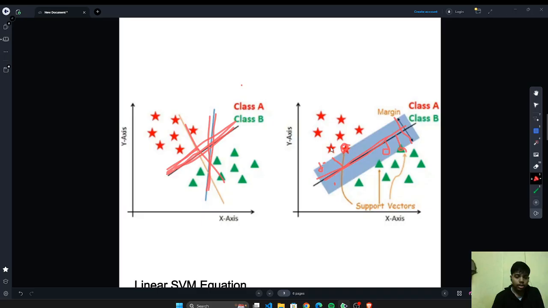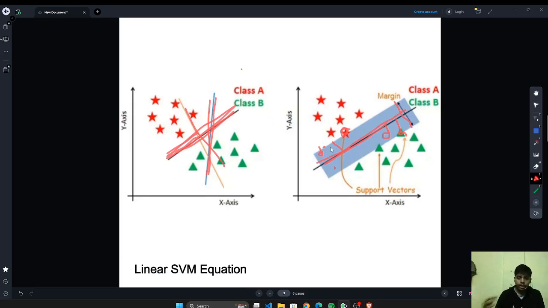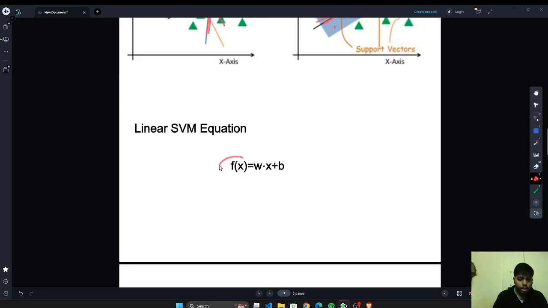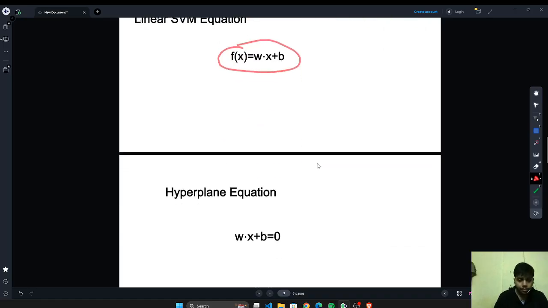In this case, we are only looking at linear SVM. There is also non-linear SVM, but we will talk about it in some other video. The linear SVM equation is f(x) = w·x + b. Here w is the weight, x is the input, plus the bias.